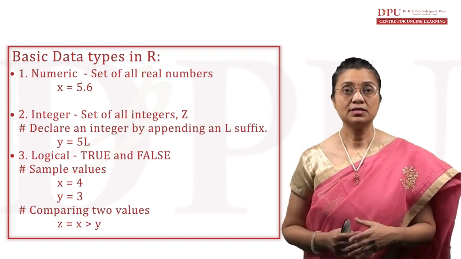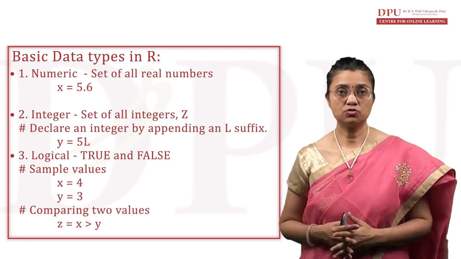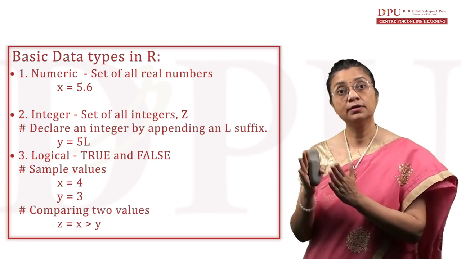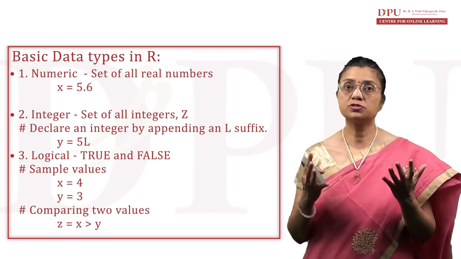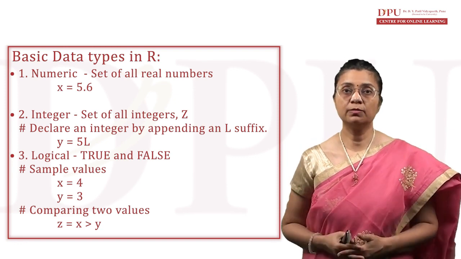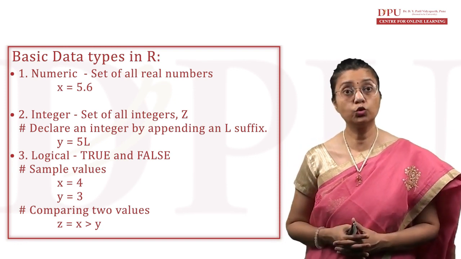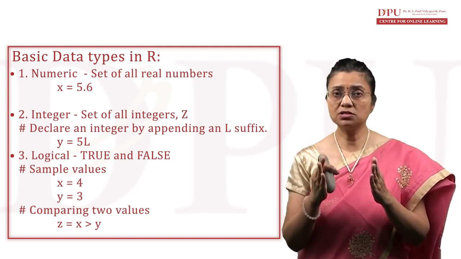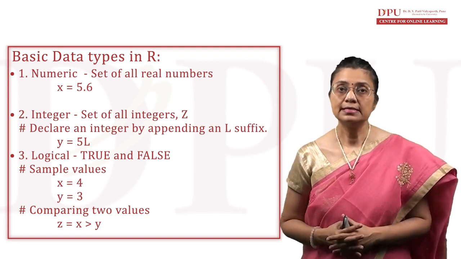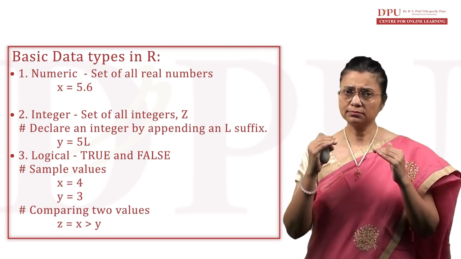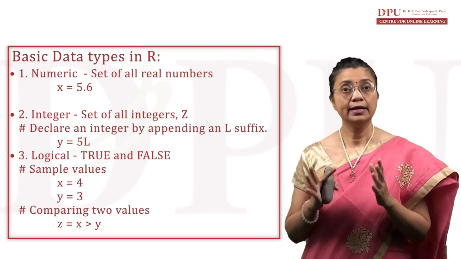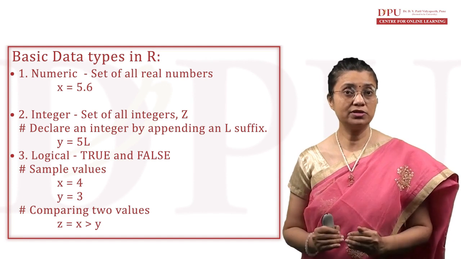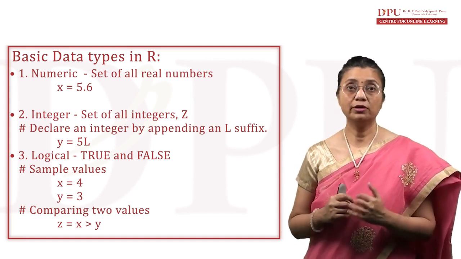In this case, x is 4 and y is 3. So you can see 4 is greater than 3, which becomes TRUE. So z is a variable which will be holding the value TRUE. You can see how nicely I'm holding a condition's output in a variable z. So mainly, for x greater than y, I'm storing the outcome of this condition, which is TRUE, into the variable z.